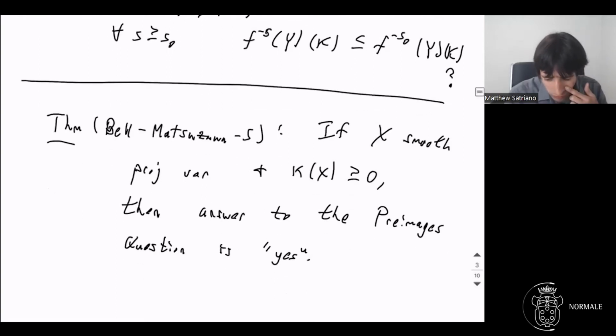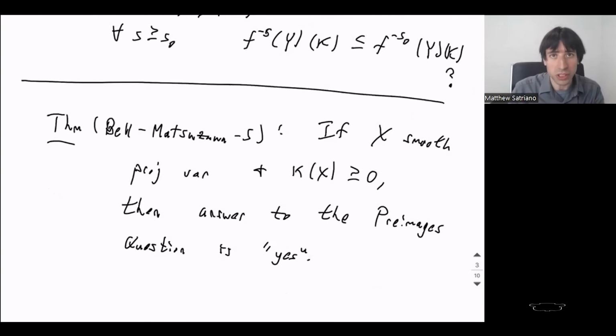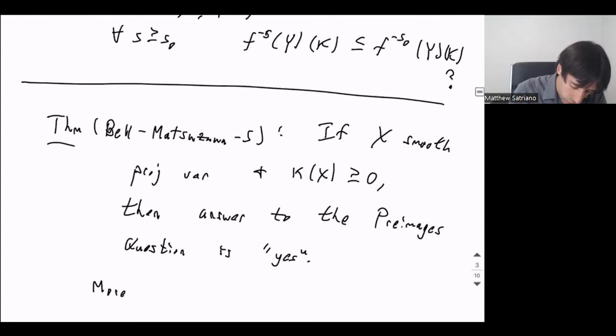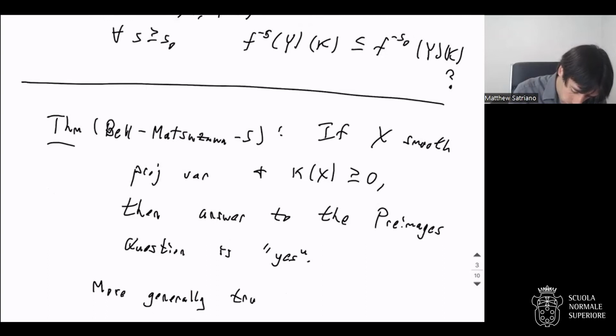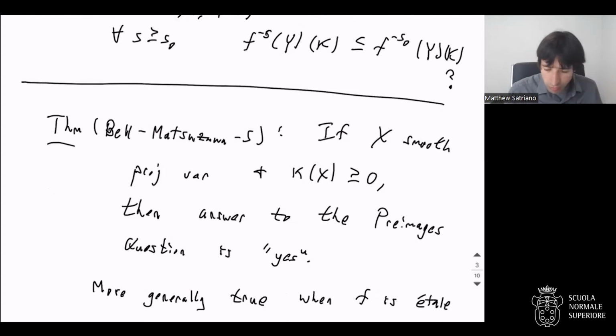And really, this wasn't a statement about Kodaira dimension. It was really just a statement that we showed this for étale maps. But if you have non-negative Kodaira dimension, then under those conditions, that forces f to be étale.